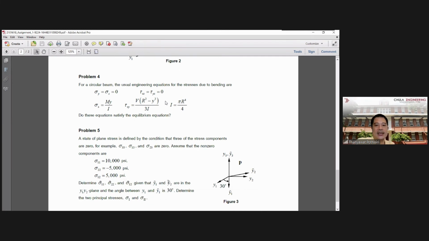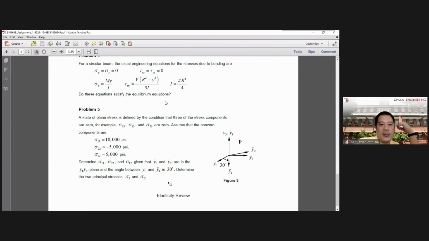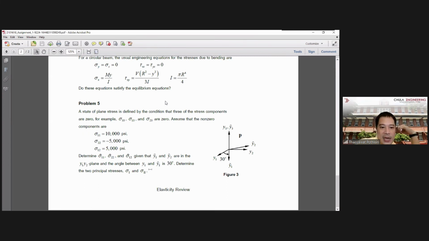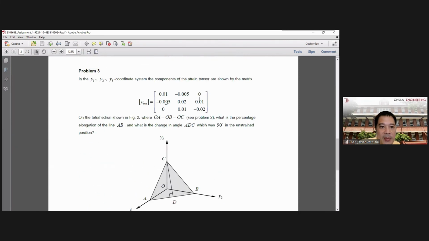And in our last problem, you are asked to determine the principal stresses and also determine the stress components in a different coordinate system. That's quite straightforward. Do you have any questions on these assignment problems?